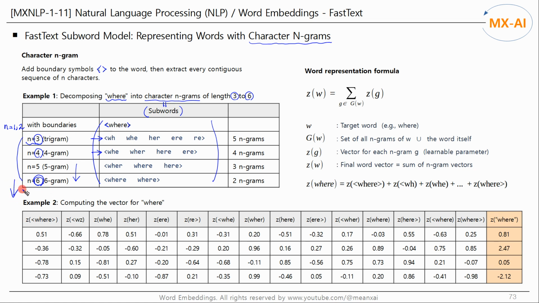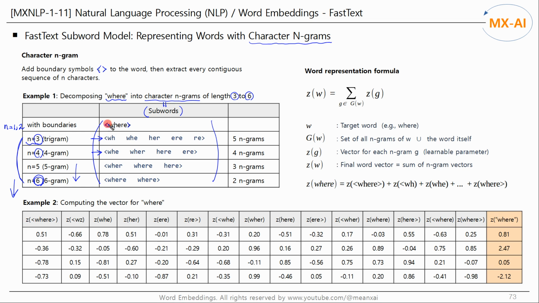Longer n-grams can capture more specific patterns, but they also dramatically increase the number of unique n-grams. That leads to higher memory usage and much sparser representations. Overall, the range from 3 to 6 captures the most useful linguistic patterns across many languages, including prefixes, suffixes, and root forms, while still keeping the model computationally efficient.